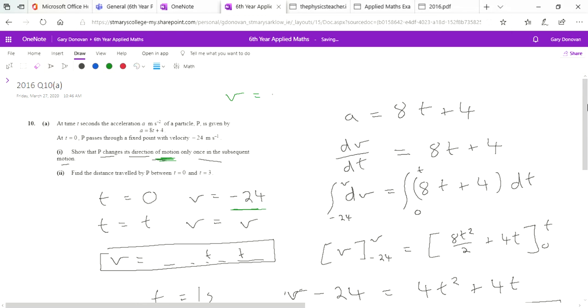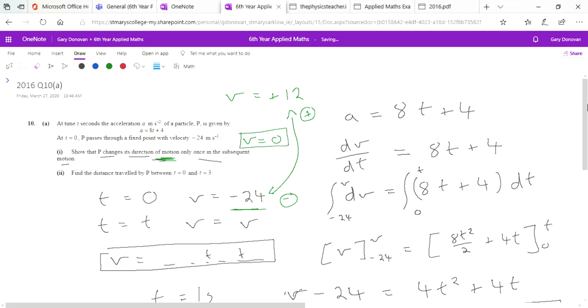It could be plus 12 or plus 6 or whatever. So in order to change direction, it has to go from a minus velocity to a positive velocity. And it can only go from minus to positive if it passes a specific point, and that point is when its velocity is 0.